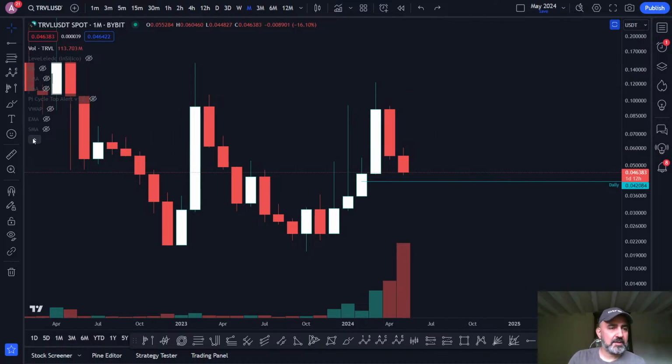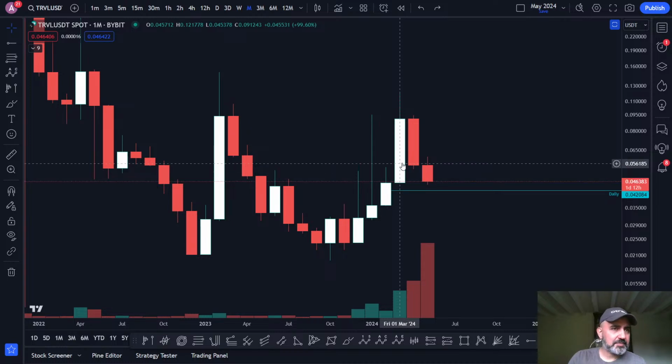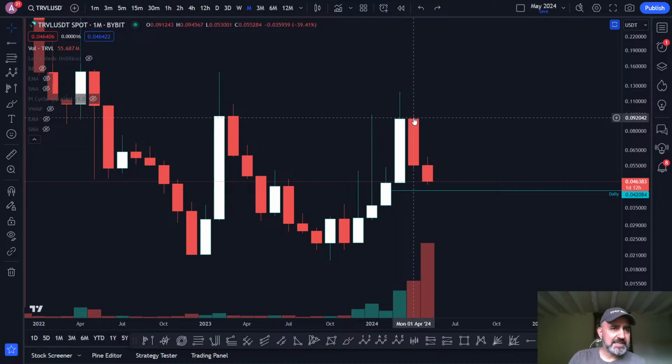Just think about it logically. This candle up, we had 40 million, 41 million in volume. So 41 million in volume took us basically from 4.5 cents to 9 cents or more. And then to come back down, we put more volume, 55 and a half million, and we were only able to get back down to 5.5.